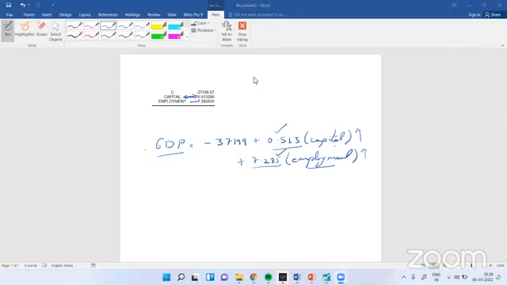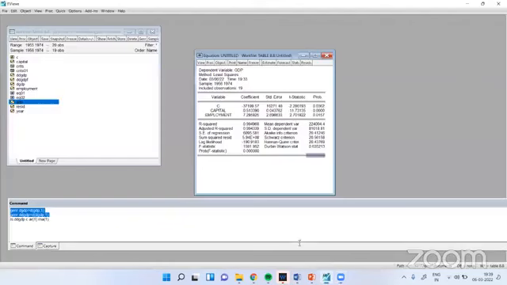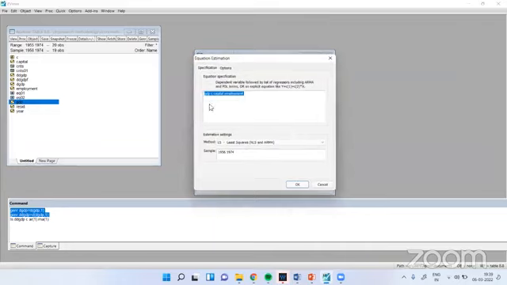Now, the answer of Mr. Ansul. Again, I go to estimate from here only. And instead of this original series, I make this as log GDP. This also as log capital. This also as log employment. I will copy this in your chat box.